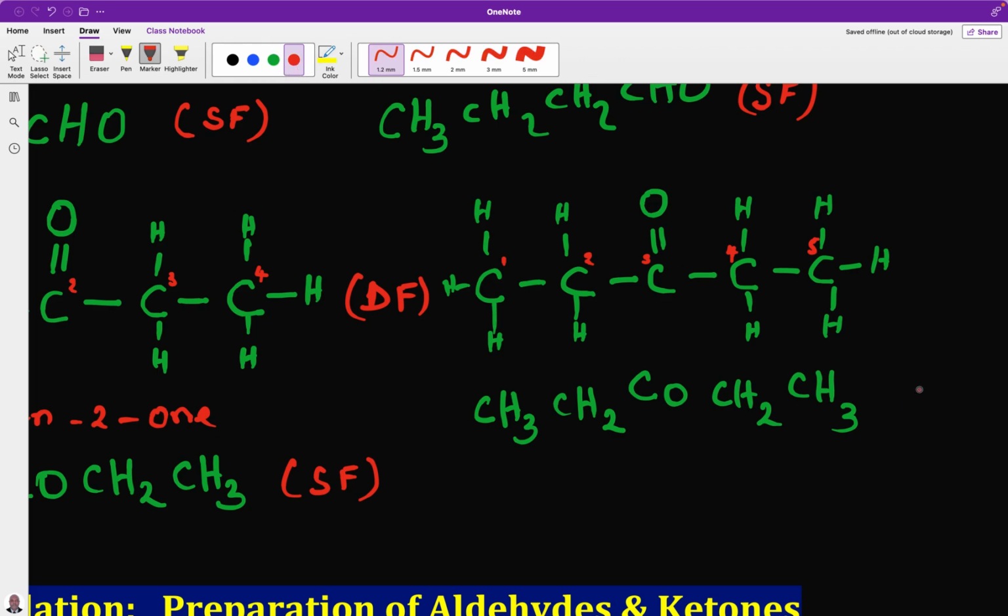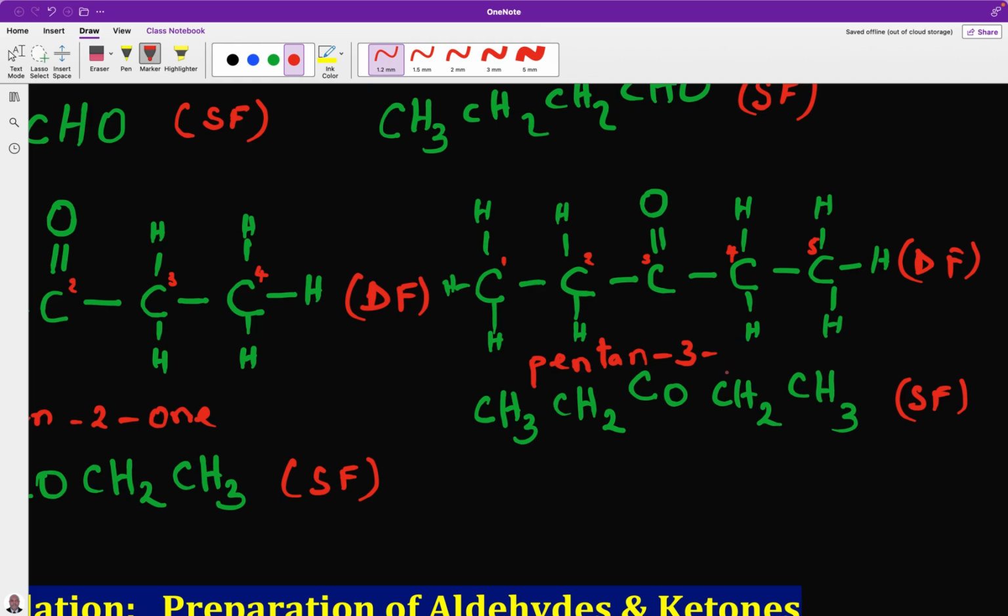This is the structural formula, SF. This is the displayed formula, DF. And the name of this compound is 1, 2, 3, 4, 5, pentan-3-one. You must put a dash. The position of the oxygen is the third position, 3. Ketones end in -one.